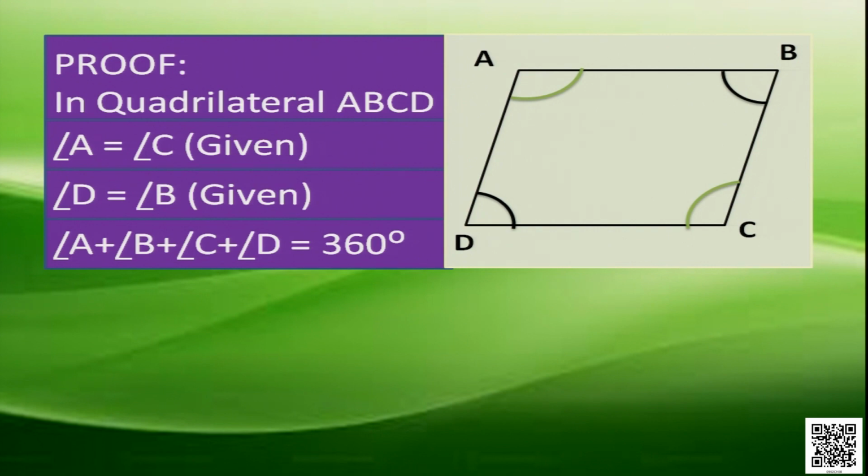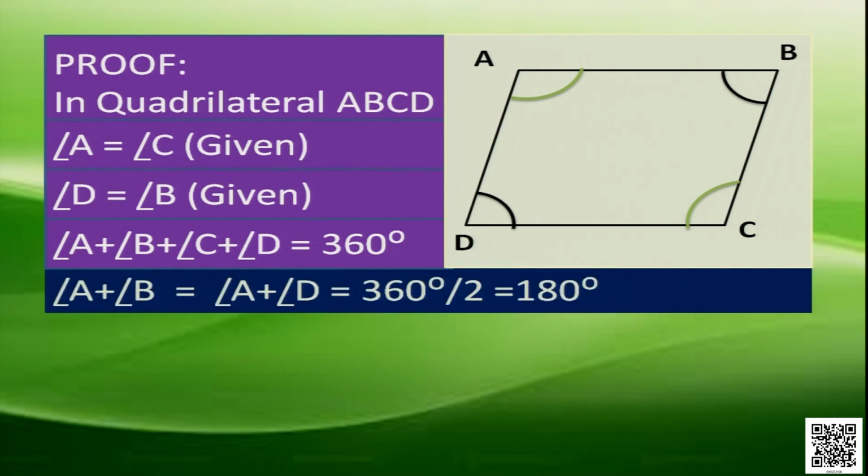Now as we know, A and C are equal, D and B are equal. So we can write angle A plus angle B is equal to angle A plus angle D, because angle A is added on both sides of the second equation. You see here it is D and B, and we added angle A on both sides.